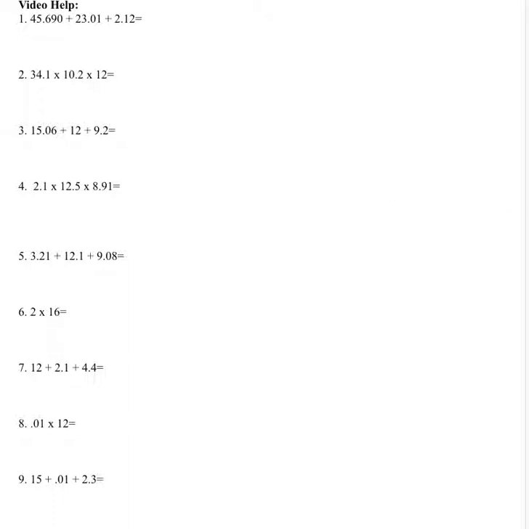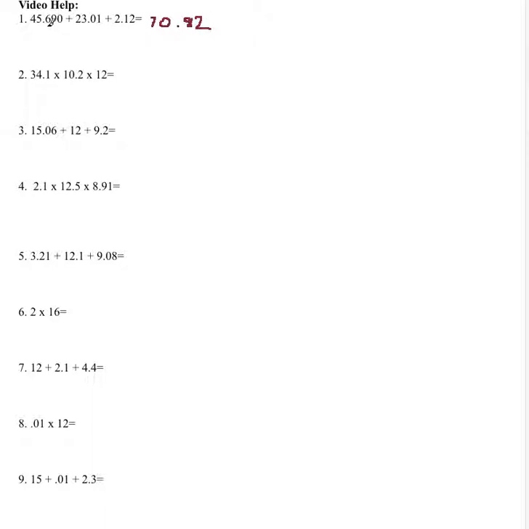Alright, so for the first one, since this is an addition problem, what you're going to do is first add up the numbers, so I'm doing that right now. And I got 70.82. Now, since I'm adding, my answer, which I'm going to write the unrounded version right now, 70.82, needs to be based off of decimal places.